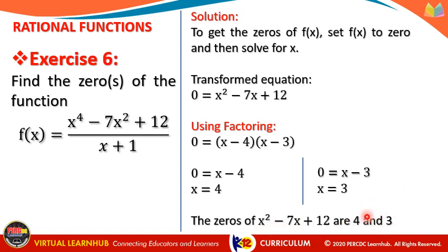However, take note ha, hindi pa ito ang sagot. Bakit? Yung 4 at yung 3 ay para doon sa x squared minus 7x plus 12. Hindi para sa x raised to 4 minus 7x squared plus 12. Kulang pa yung solution natin.